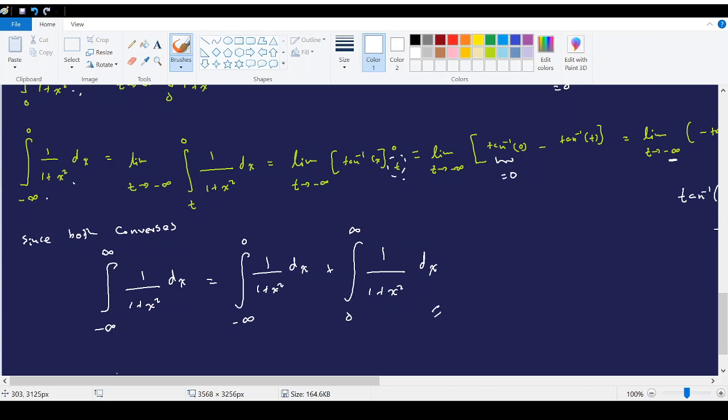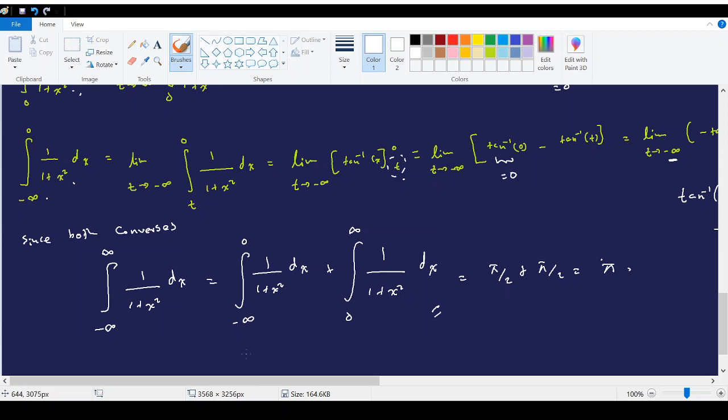Now as we have this relationship, we can get the answer for the given integral as pi by 2 plus pi by 2, which is equal to pi.